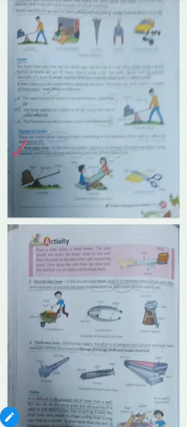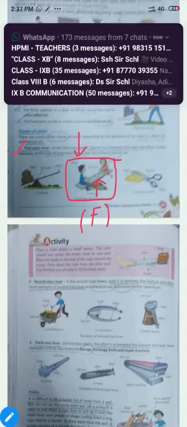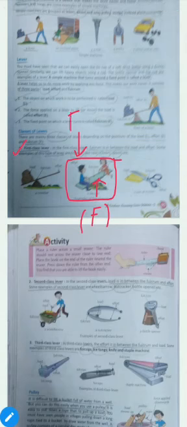Like in the diagram of the seesaw, suppose we are taking a seesaw. In the middle part, this is my fulcrum, this is F. One side will act as effort and the other side will act as the load.